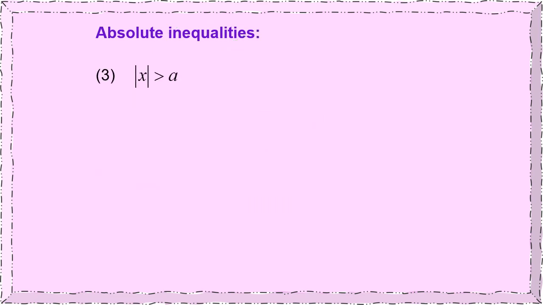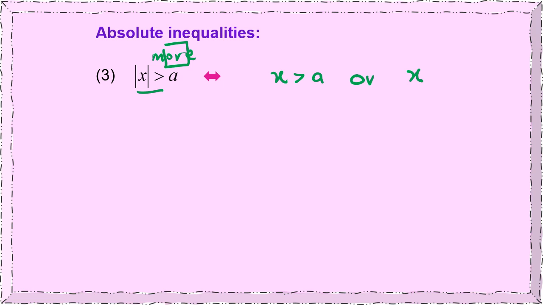The third expression for absolute inequalities is absolute of x more than a. If it's a more than, I will follow the question, which is x more than a. Because it's more than, the operation should be or. Another definition you should write down is x in the opposite direction.